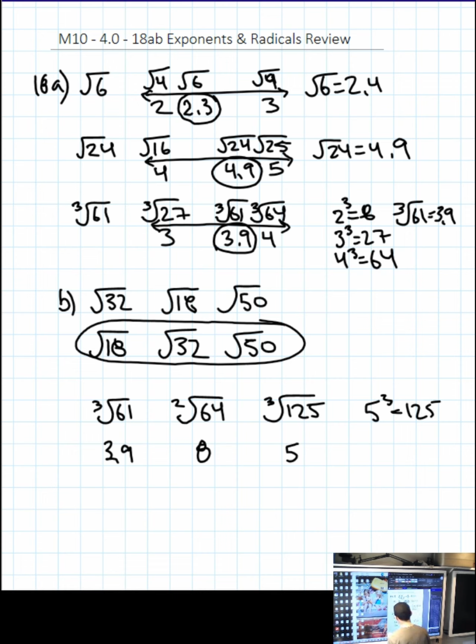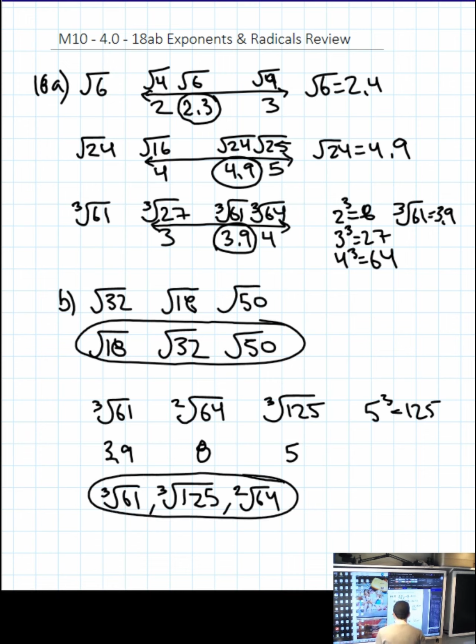Then we can arrange them from least to greatest. So we can say that it is the cube root of 61, then the cube root of 125, then the square root of 64. And that would be in the order from least to greatest. That will be question C, excuse me.